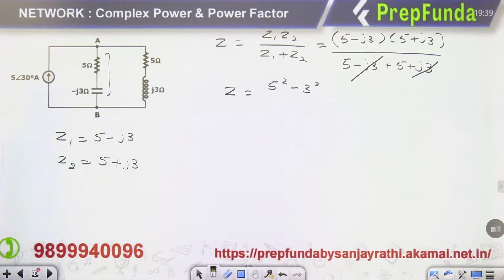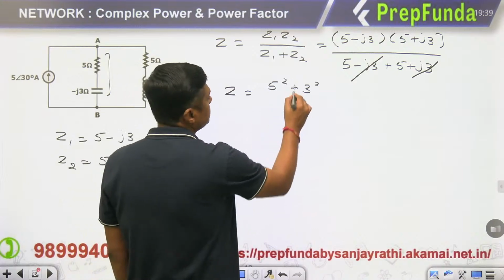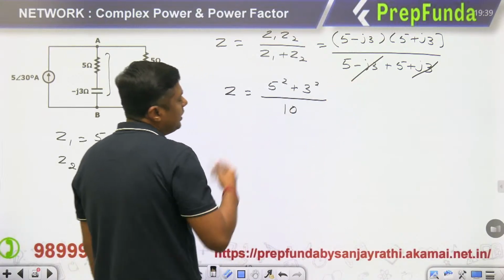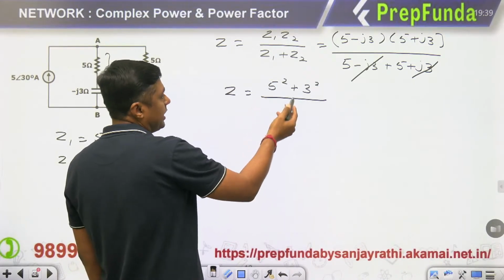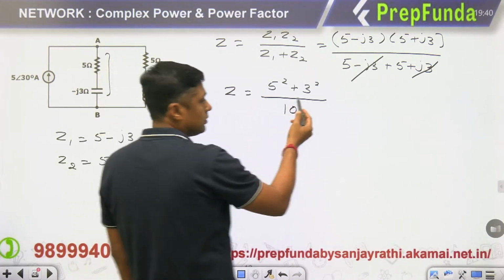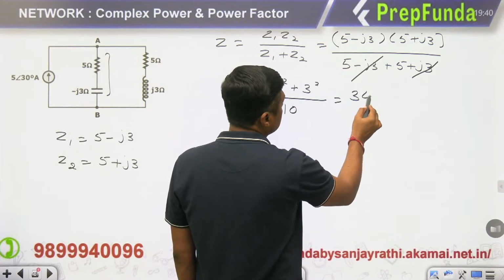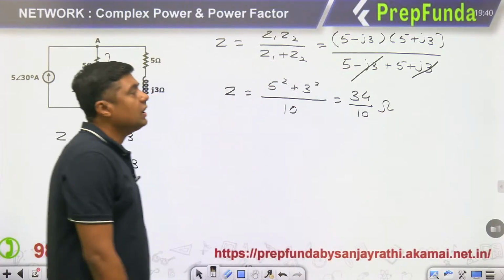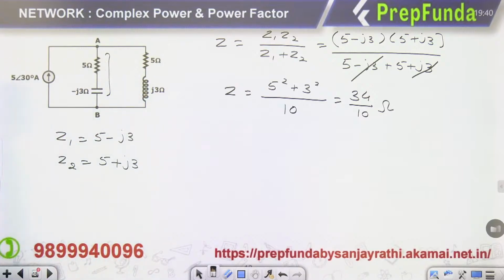Yes, that will become plus. Upon 10. 25 plus 9, 34 by 10. This is the value of the impedance. Check my calculation. 25 plus 9, that is 34, upon 10, 3.4. This is the Z.